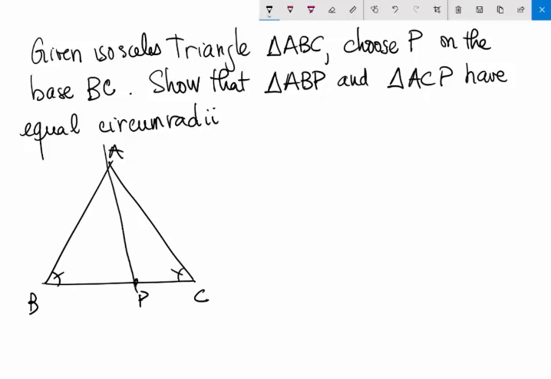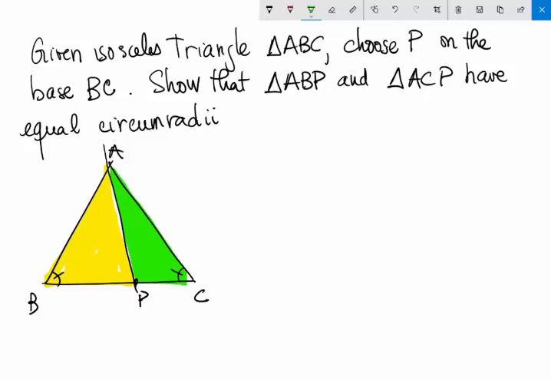and we want to show that the following two triangles, which I'm going to highlight here, this one, have equal circumradii. Okay.